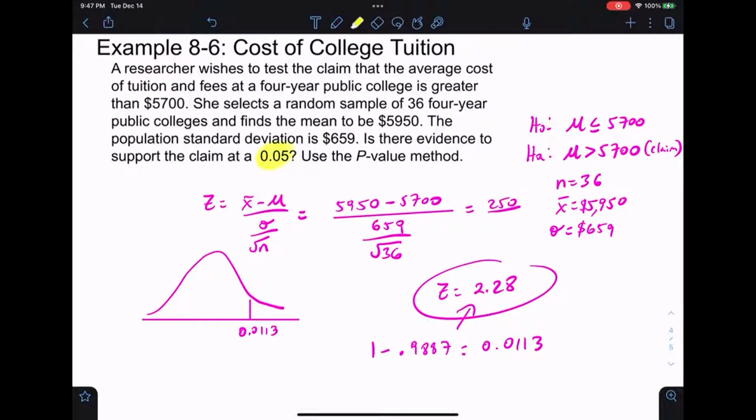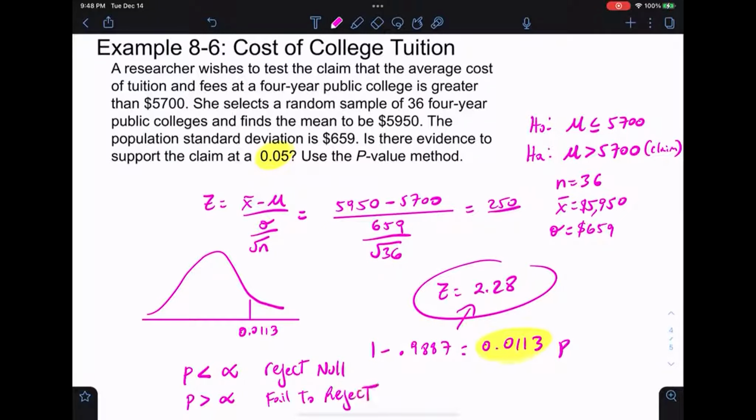So the p-value we found is this one right here. If the p-value is less than alpha, we reject the null. Because 0.0113 is less than the significance level, we reject the null. If the p-value is greater than alpha, we fail to reject.